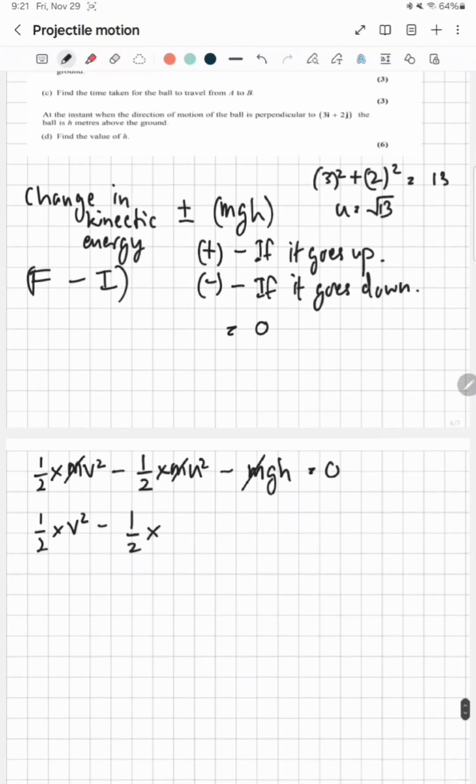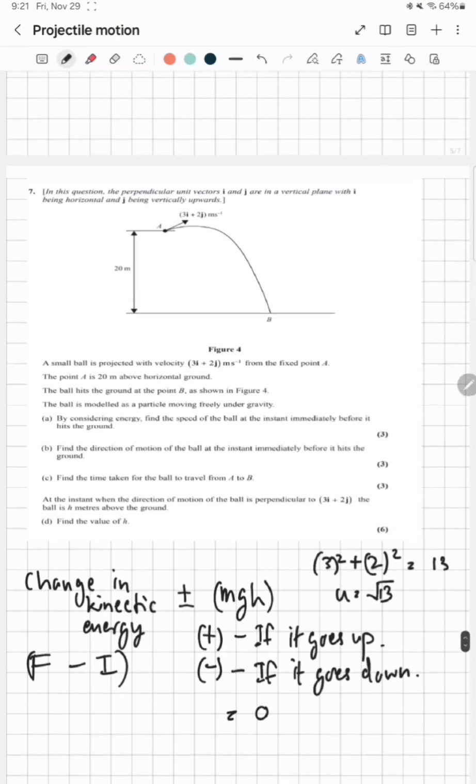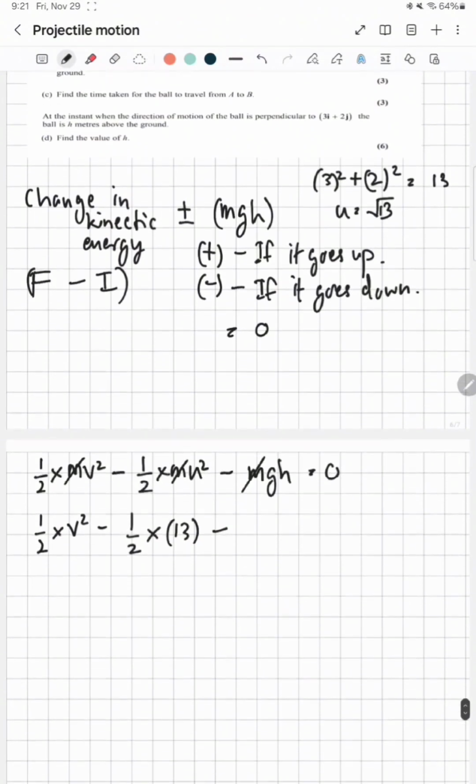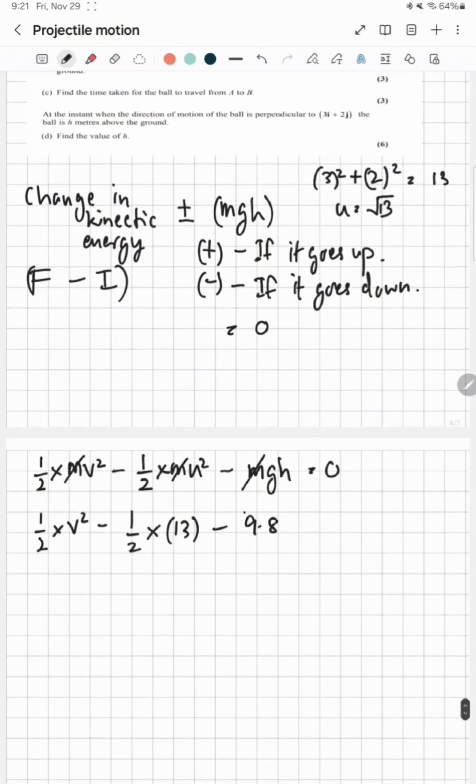So if you put square root 13, this is 13, right? Since it's u squared. Minus gh, and g we take as 9.8. The most accurate value for g is 9.81, but I think this syllabus requires 9.8, so I'm just going to use 9.8.